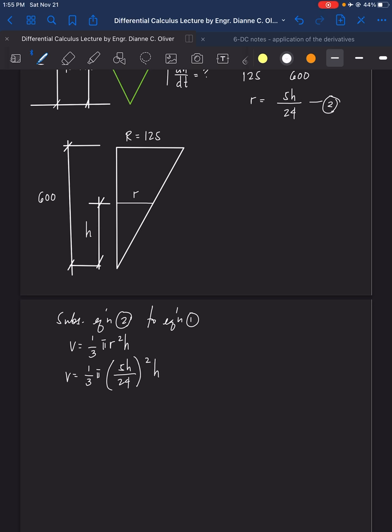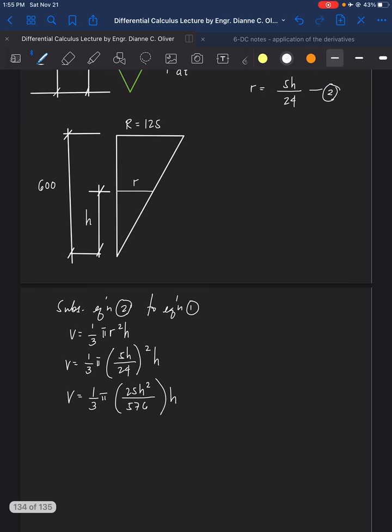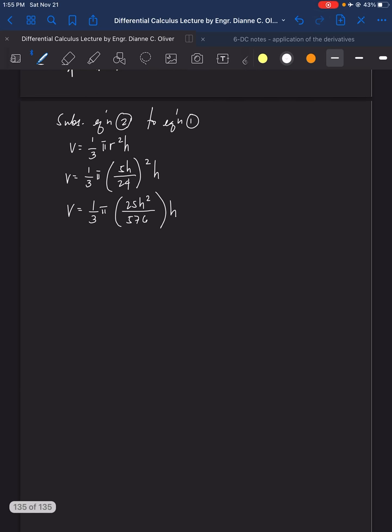So V is equal to 1/3 pi, this is 25h squared all over 576, times h. Then V is equal to 25 pi all over 1728 h cubed.